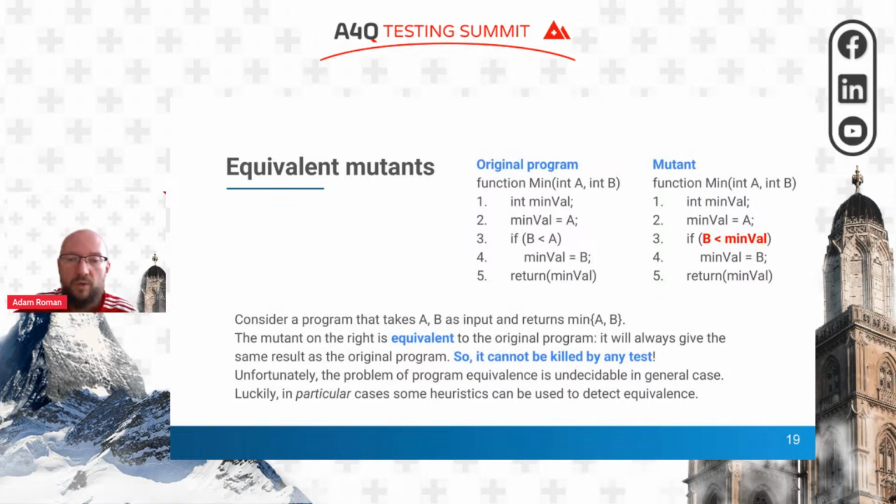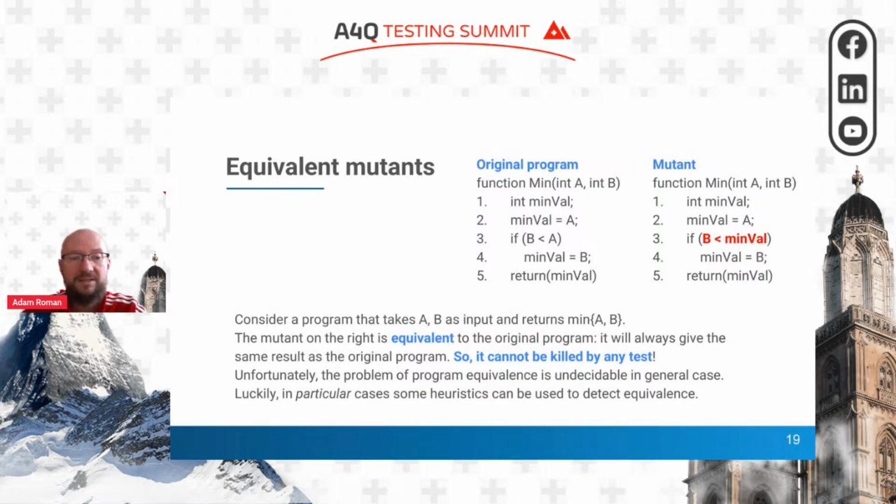Here, look, when we replace this variable a with min val, nothing really changes in the program, because in line 2 we set min val to a. So min val and a are the same variable, right? So changing it in line 3 doesn't change anything. For all inputs, both the original program and the mutant will return the same value.